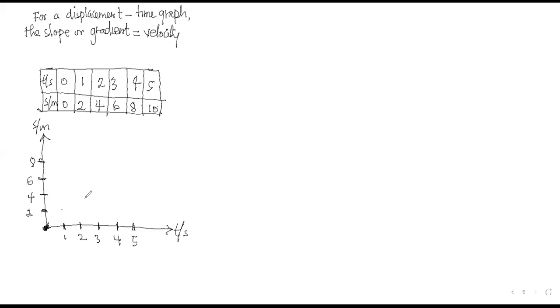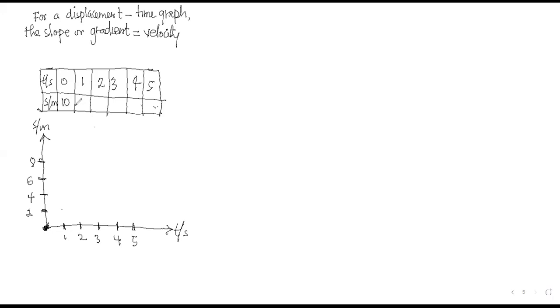Hold on. This time around, you see, I told you we are looking at decreasing, that the distance covered is decreasing with time. So it must actually start from 10. Earlier, the distance was increasing as time increases, but this time the body's distance covered is decreasing. So at time t is equal to 0, the body is at the maximum distance covered, 10.